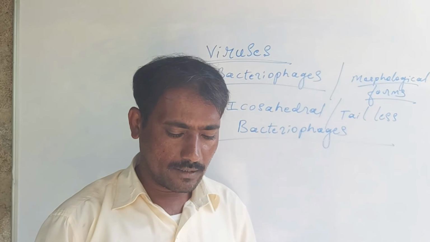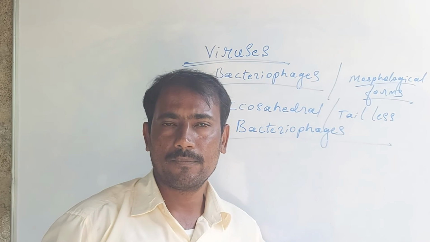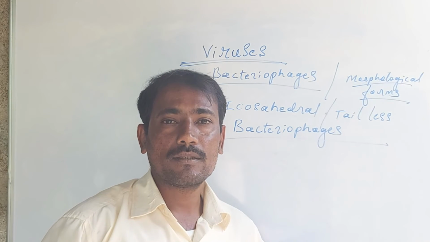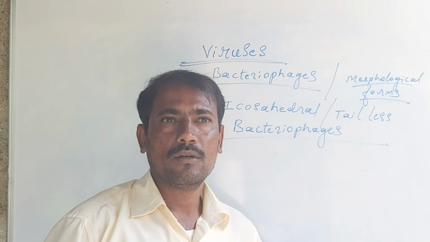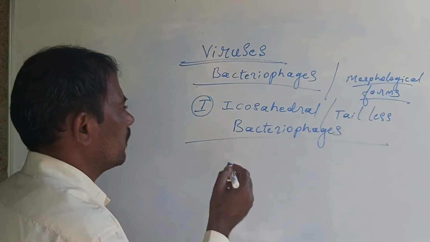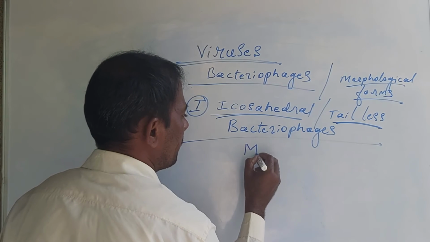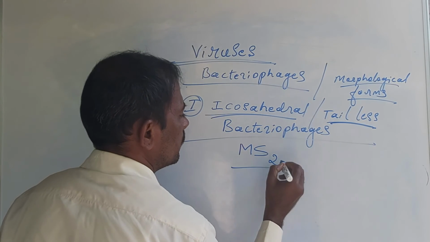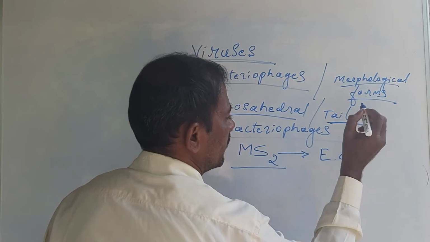An example may be given here. There are many viruses that infect a particular bacterium. Take for example MS2. It's the name of the bacteriophage which infects the Escherichia coli bacterium, and it is a good example of an icosahedral or tailless bacteriophage.